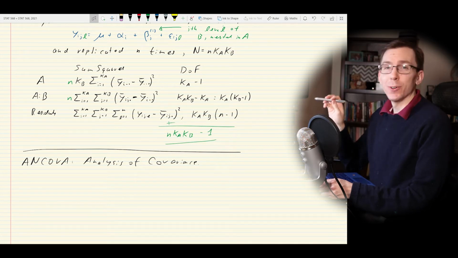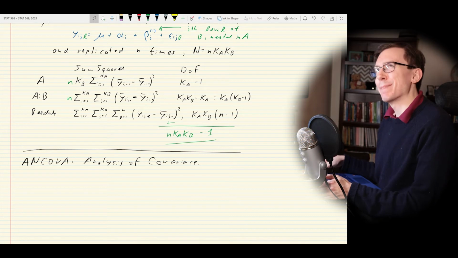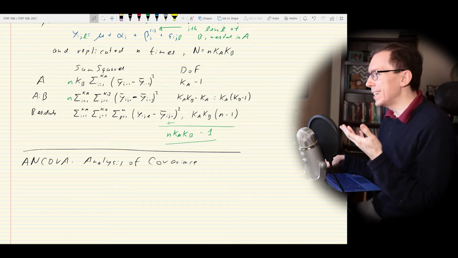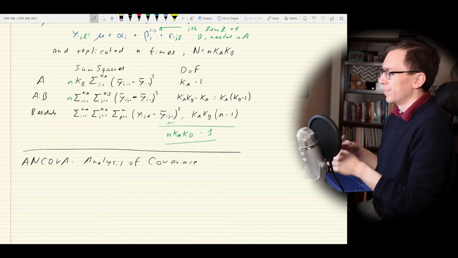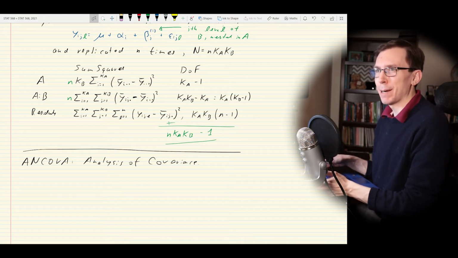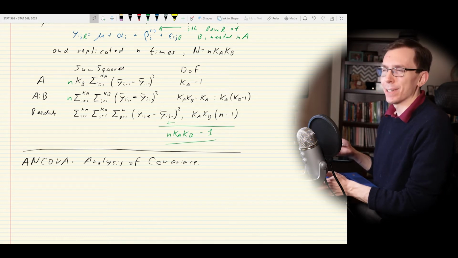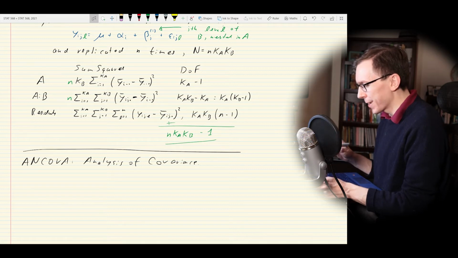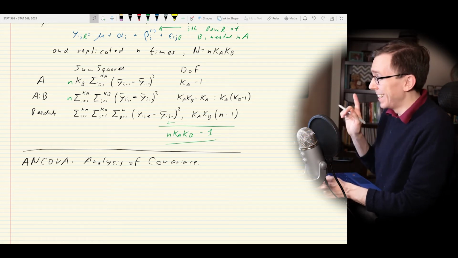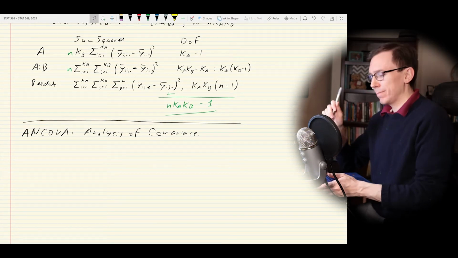It's ANOVA with covariates. I guess it's because there would be a covariance between the factors and the covariate, compared to the case of a properly balanced design like we talked about before, where all of the covariances would be 0 because everything's orthogonal. But side tangent, let's get back to analysis of covariance.